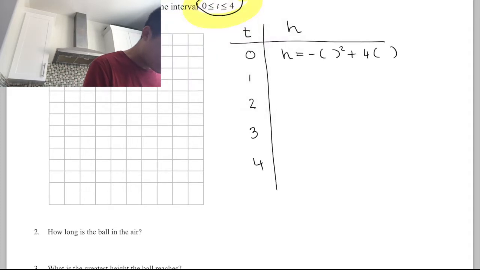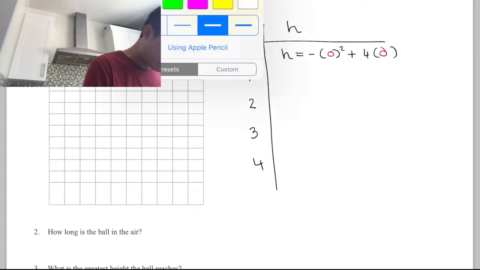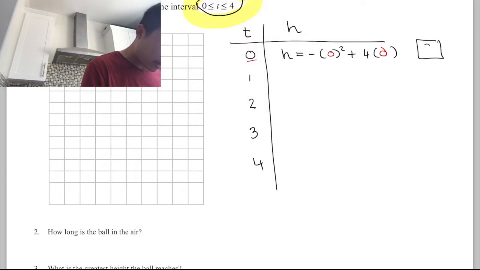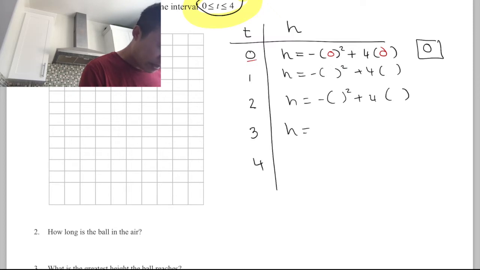So the first value is 0, so 0 goes in there. And if we did that correctly, then this is going to come out to be 0. Let's do the same thing for when t equals 1, when t equals 2, and then once again when t equals 3, and then once again when t equals 4.